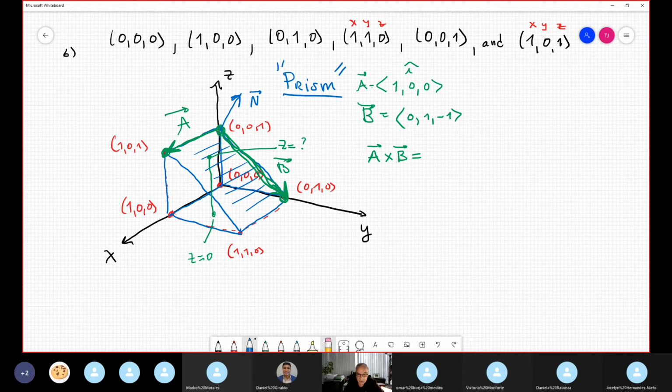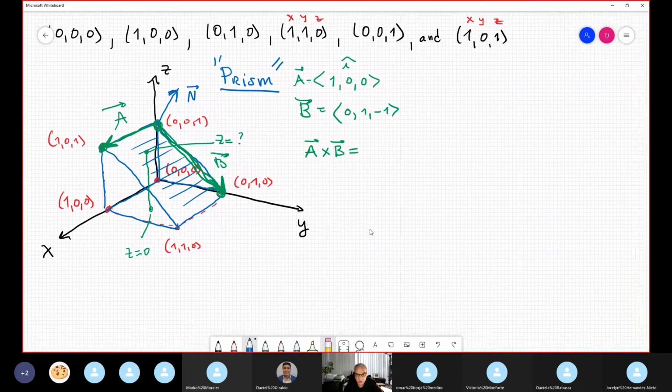I want to skip the cross product, it's too long. It's long, but okay, it's chapter 1, I passed this chapter. When you perform the cross product of 1, 0, 0 with 0, 1, negative 1, it gives this vector, 0, 1, 1, positive.